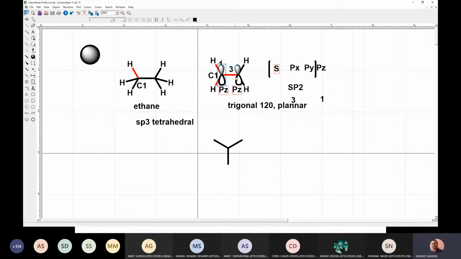So for your sigma bond right now, rotation is free. Why? Because this is a single bond, there are no restrictions. But when the partial overlap comes at this point, let me draw. I think drawing may help.